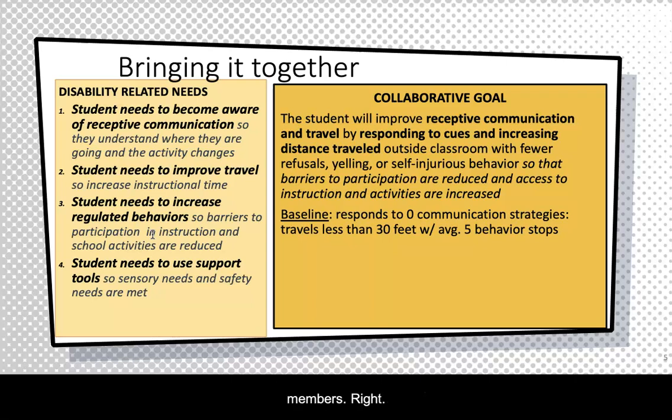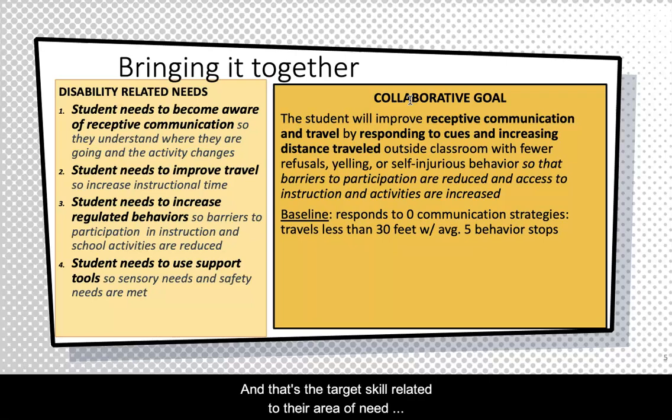So if we're thinking about a collaborative goal that's not necessarily yet written as a measurable goal statement, but what we're saying out loud together as a collaborative team is that the student is going to improve their communication and their travel or transition, which is their disability related need, by responding to the cues or requests of a teacher and increasing their distance traveled outside of the classroom with fewer refusals, which look like yelling and self-injurious or self-harm behavior.